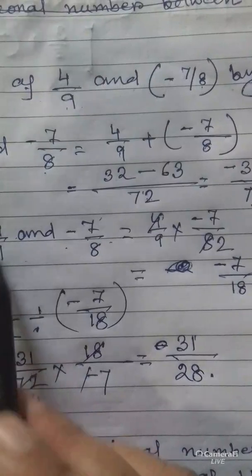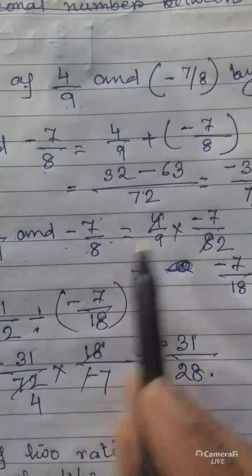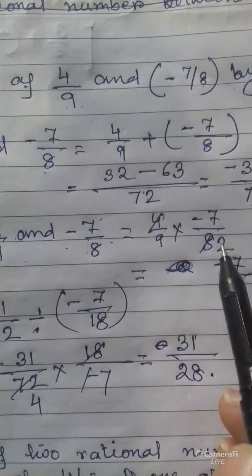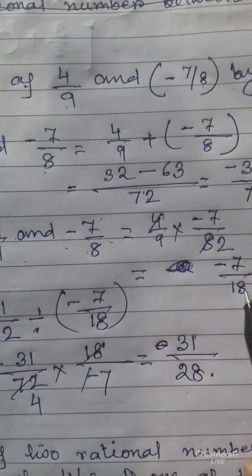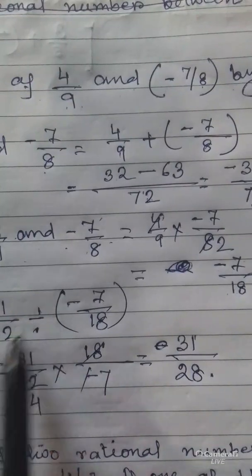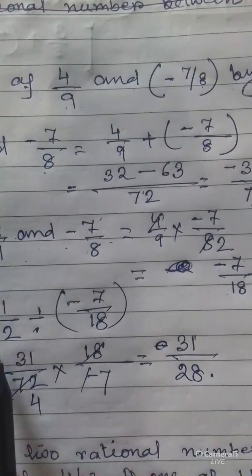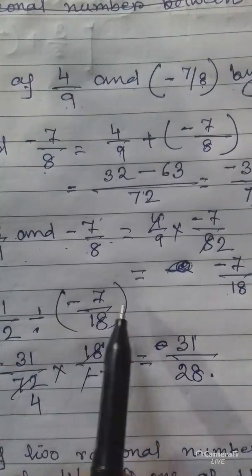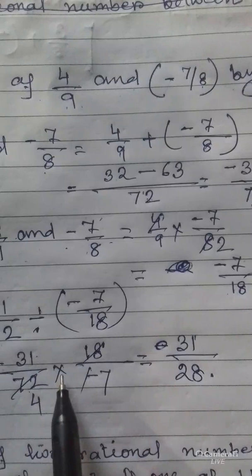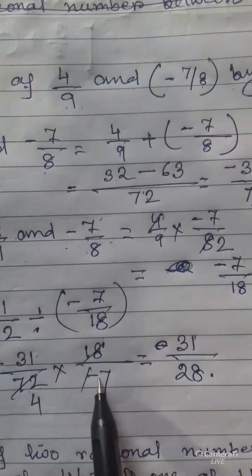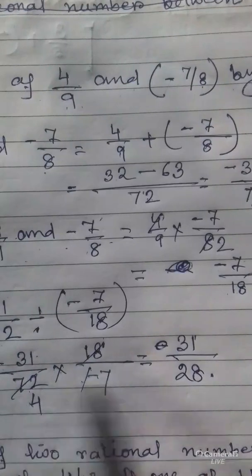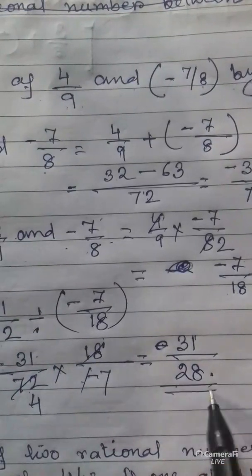Again, the product of 4 by 9 and minus 7 by 8 is 4 by 9 into minus 7 by 8, 4 2s are 8, minus 7 by 18. Now divide the sum means minus 31 by 72 by their product means minus 7 by 18. So minus 31 by 72 into 18 by minus 7. Minus minus cancel, 18 4s are 72. The answer is 31 by 28.